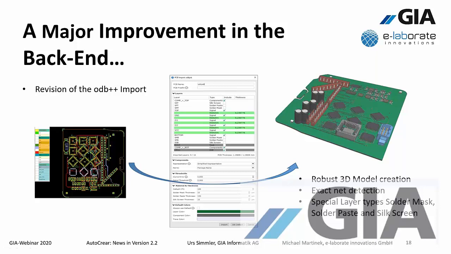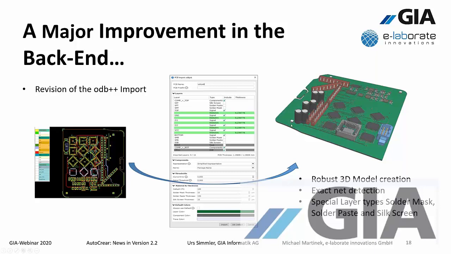We had to learn a lot about CAD data in the last 12 months, and we put this knowledge now into the new version, and this should be fine now. It's not only more robust, it's more efficient. The net detection is more exact. You can also now work with special layer types like solder masks, solder paste screens.